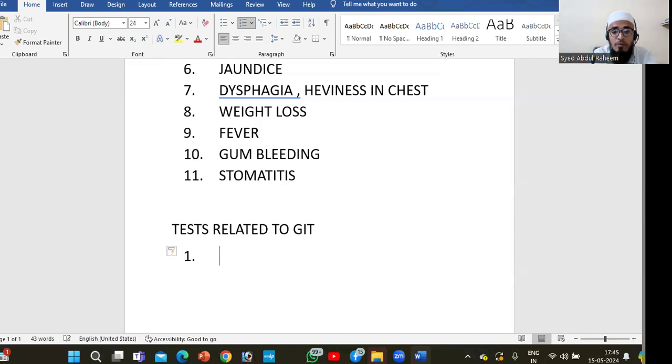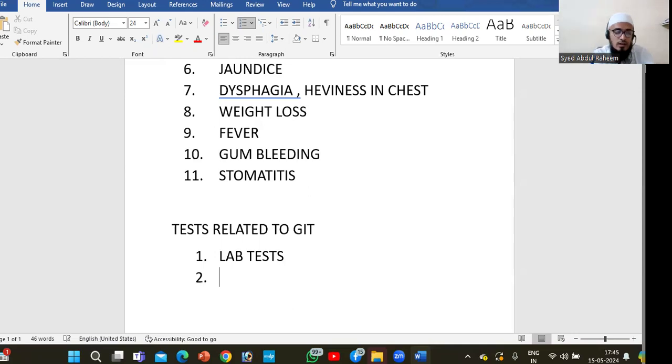First is the laboratory test, according to the condition. If bleeding is happening, for example, urine test and HB percentage. If the bleeding is heavy, your HB percent will decrease. Also B12, vitamin D3, vitamin C, because all these are absorbed in the small intestine. If they are low, it indicates a problem in the absorption capacity of the intestine.